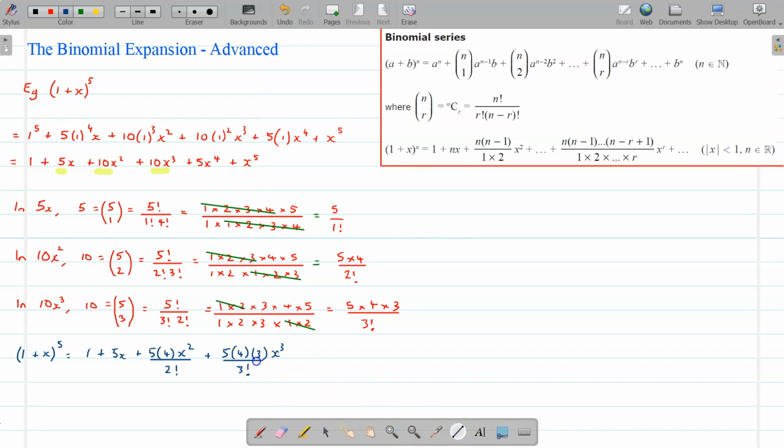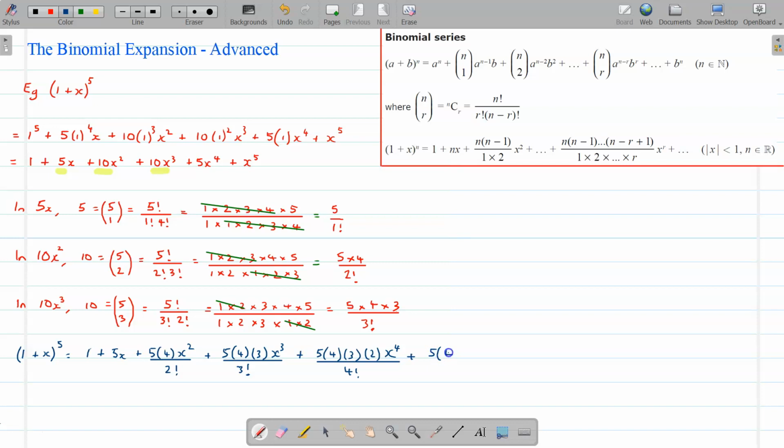Okay, and the next term, I'll just quickly move through this, would be 5 times 4 times 3 times 2 times x to the power 4 over 4 factorial. And there would be one more term in this case, but it's very important that you see why it would terminate after this, okay?